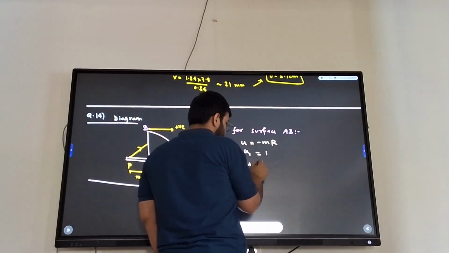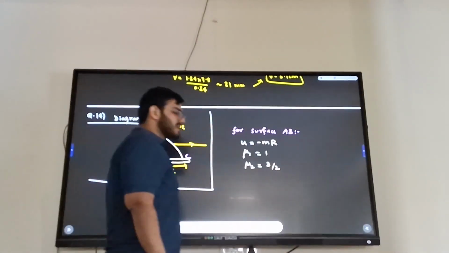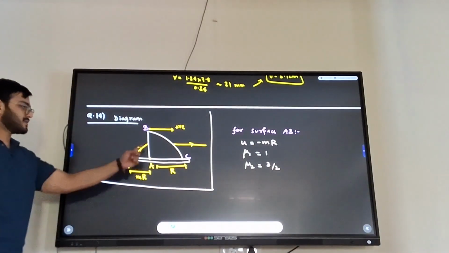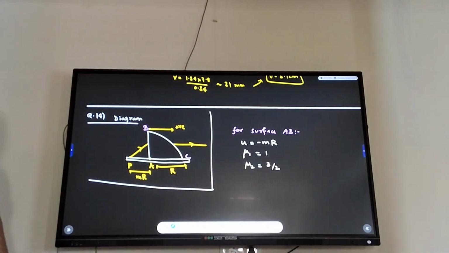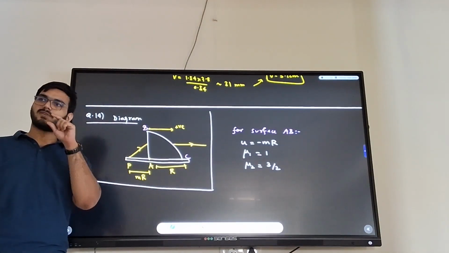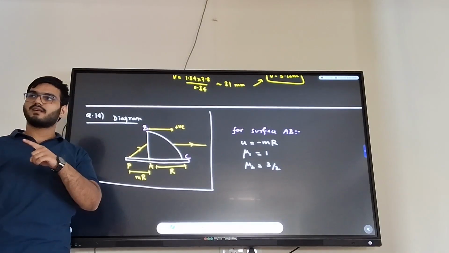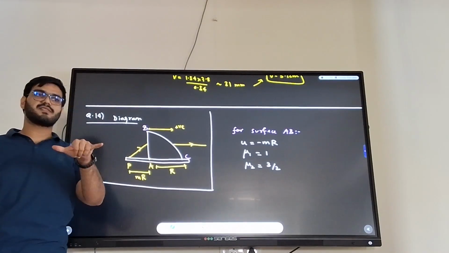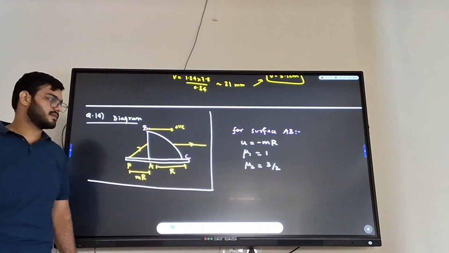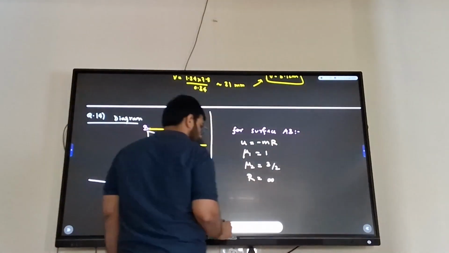What is mu2? 3 by 2. What is the radius of curvature of this surface? That's infinity. You remember I talked about that if you have a plane surface, then it can be thought of as a very small segment of a very huge sphere. And that huge sphere can be considered as an infinitely big sphere. So R is infinity. Yes?